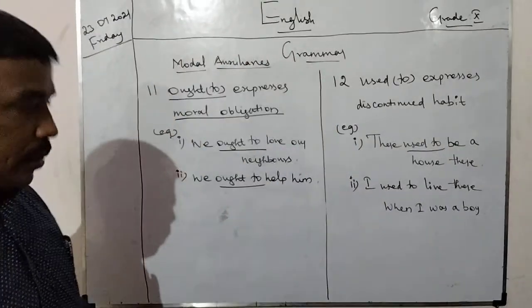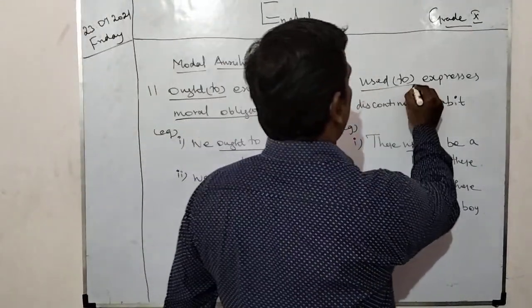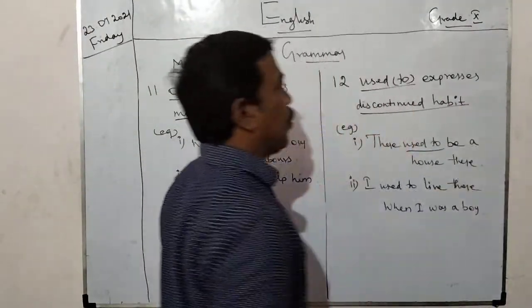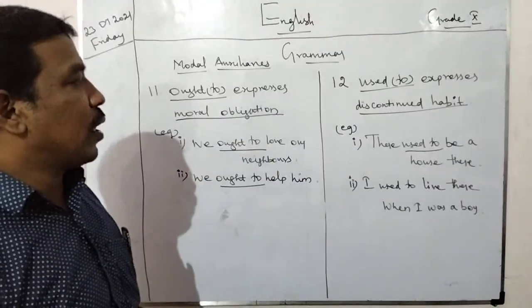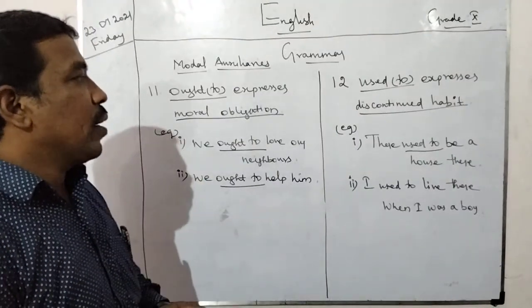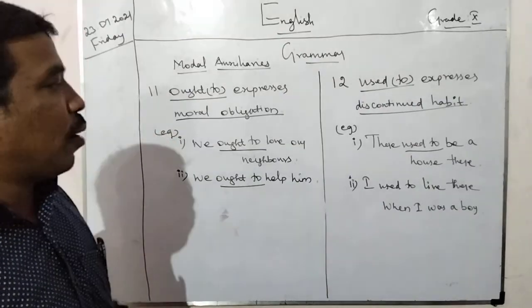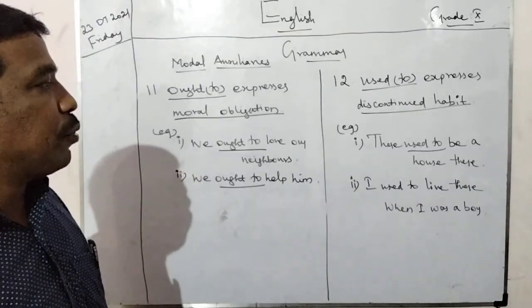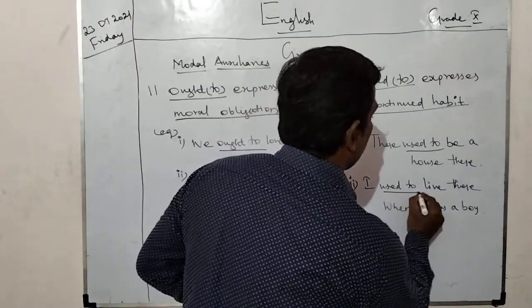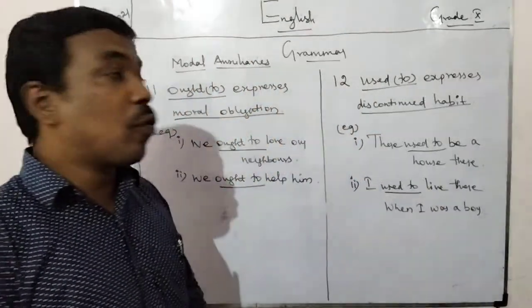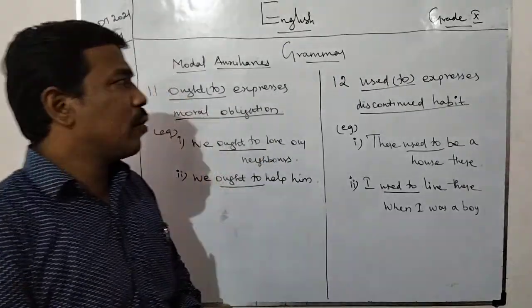Now listen. Used to expresses discontinued habit. There used to be a house there. I used to live there when I was a boy. So we say it in the past. Are you listening?